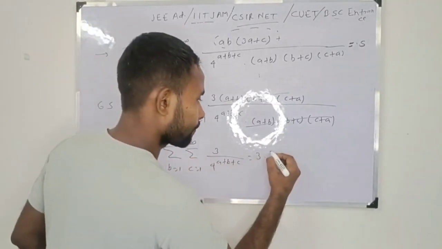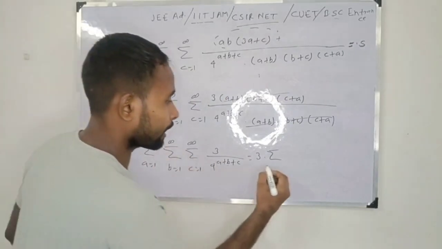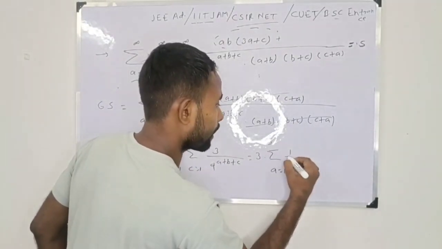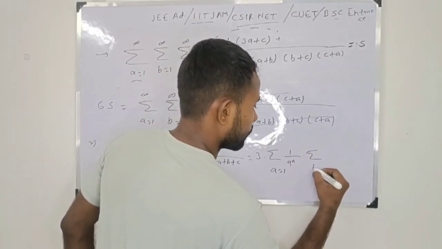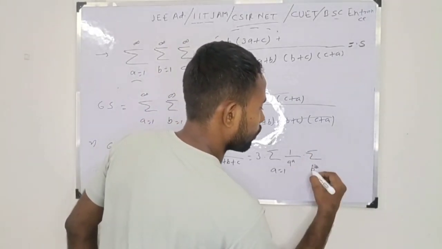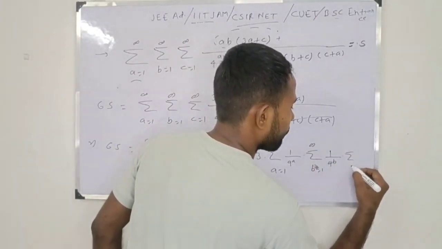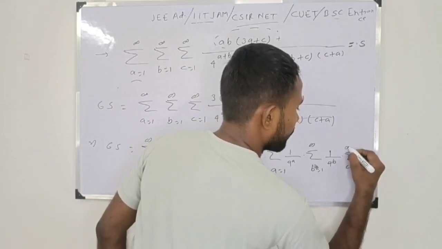Can you write it as: sigma A = 1 to infinity of 1 upon 4^A, into sigma B = 1 to infinity of 1 upon 4^B, into sigma C = 1 to infinity of 1 upon 4^C.